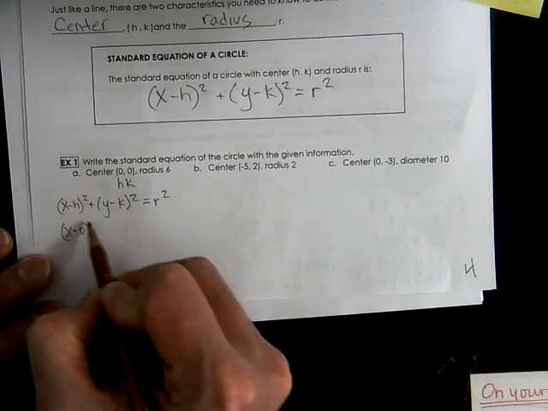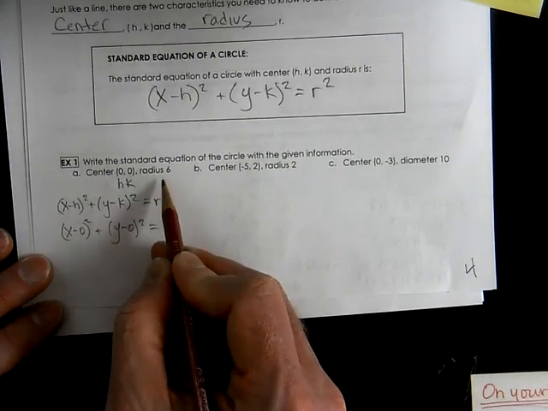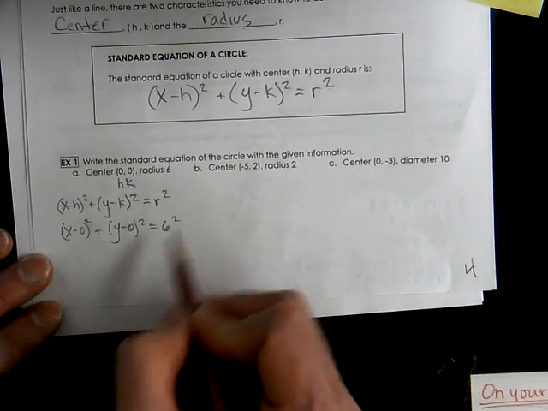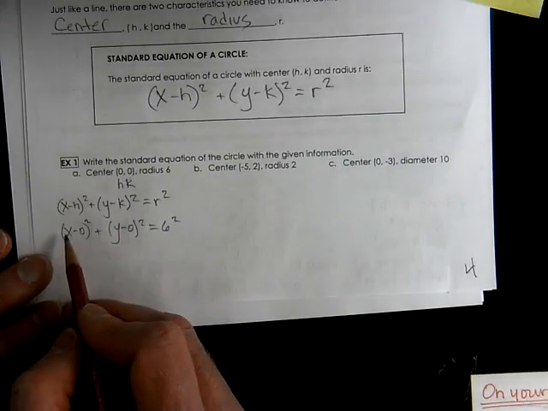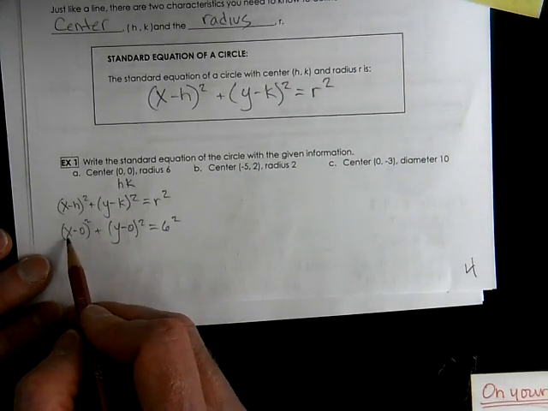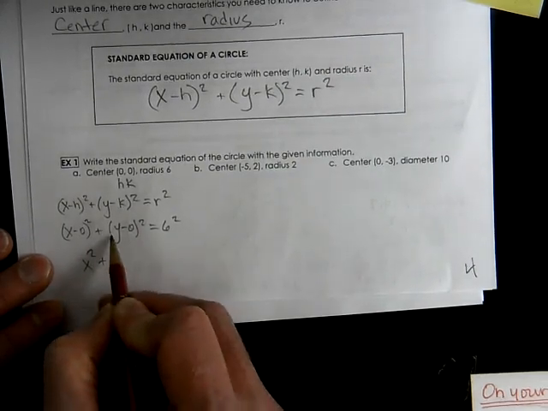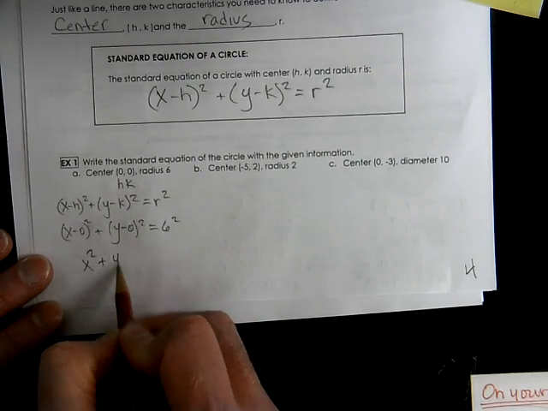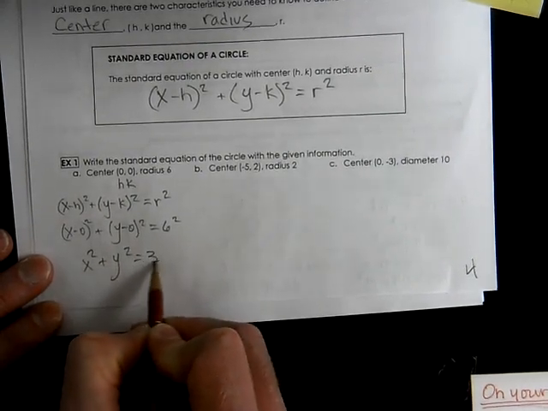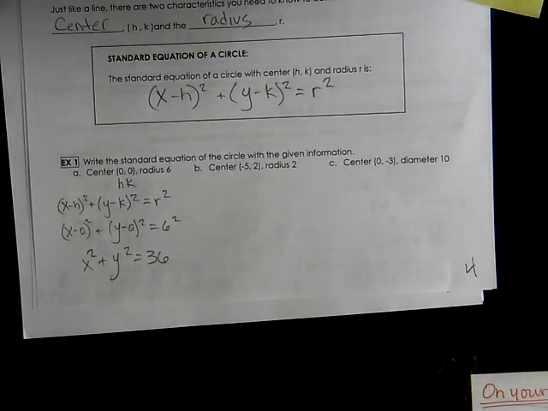X minus 0 squared plus y minus 0 squared equals 6 squared. Well, x minus 0 is just x squared. Y minus 0 is just y squared, and 6 times 6 is 36. There's your equation of a circle.